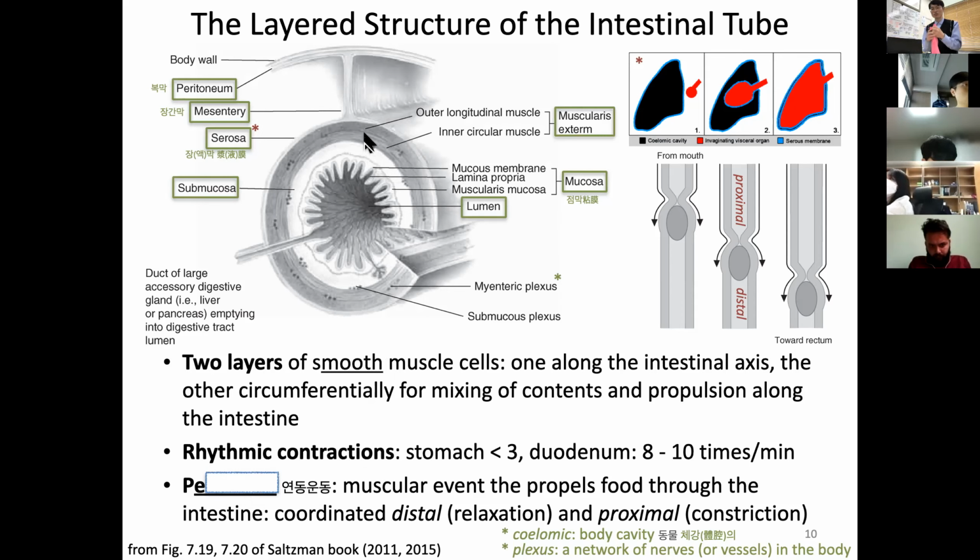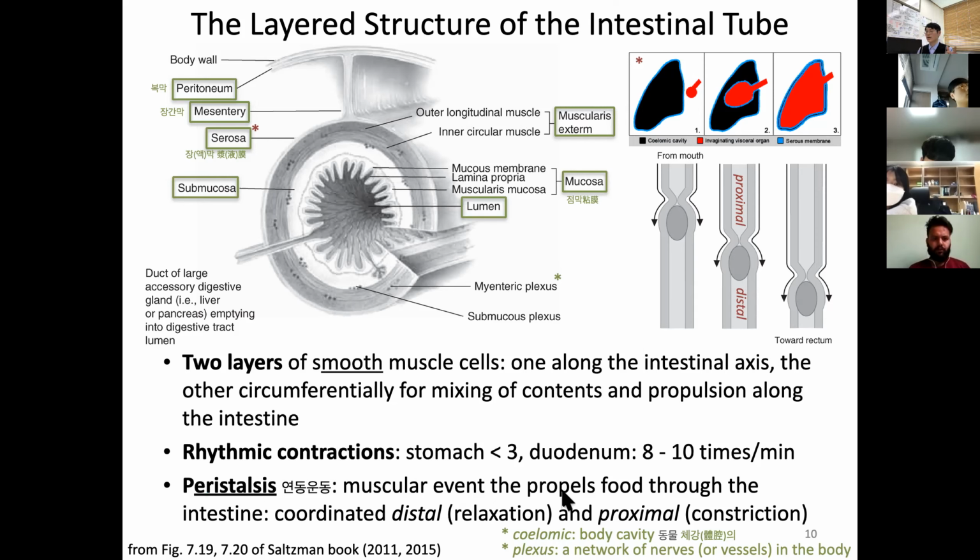And then I want to talk about this muscle layer. It actually has 2 layers. You have to constrict, so that requires a circumferential muscle, which is on the inner side. Also, in this peristalsis, you have to push it in the other longitudinal direction, and that is the longitudinal muscle. So it's a very interesting design for this peristalsis.